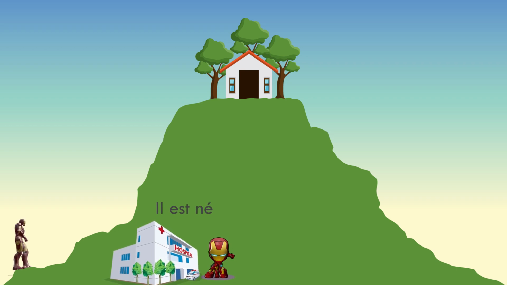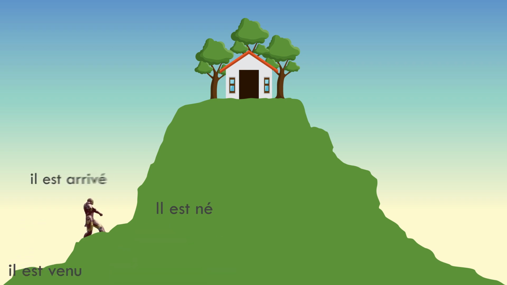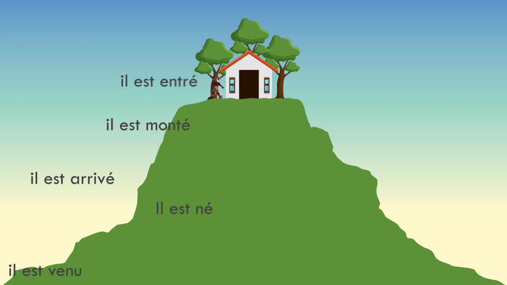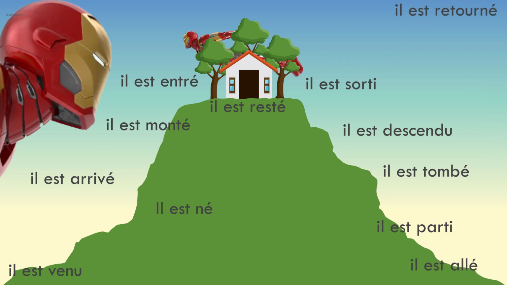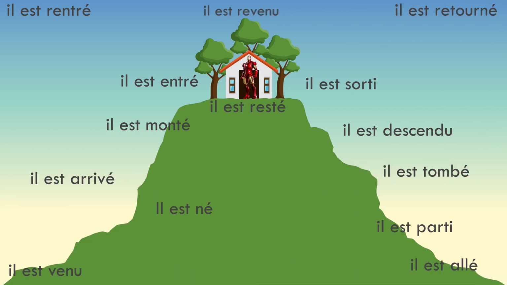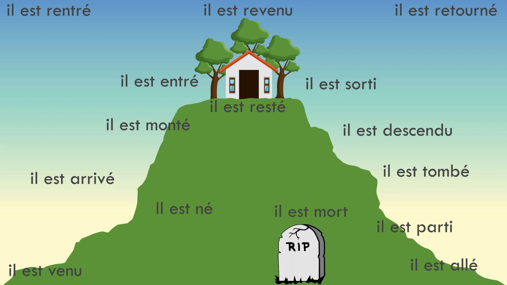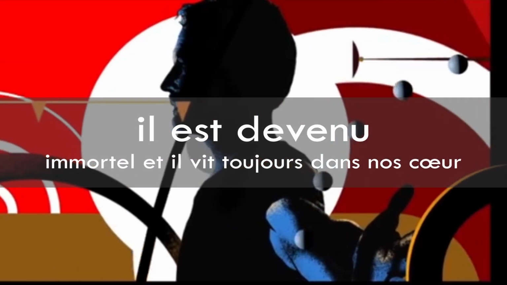Il est né, il est venu, il est arrivé, il est monté, il est entré, il est resté, il est sorti, il est descendu, il est tombé, il est parti, il est allé, il est retourné, il est rentré, il est revenu, il est mort, il est devenu.